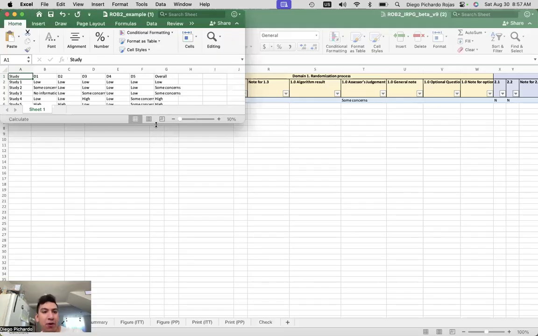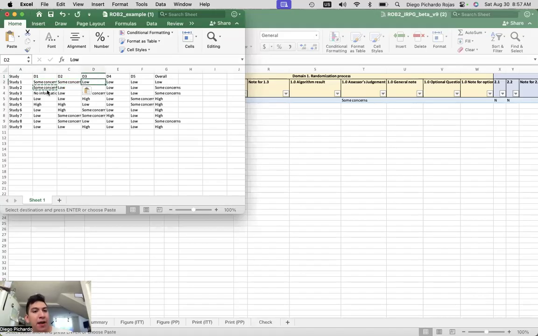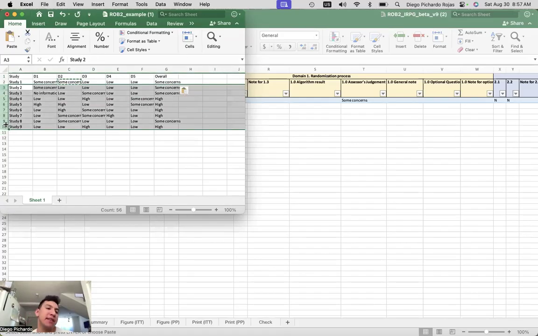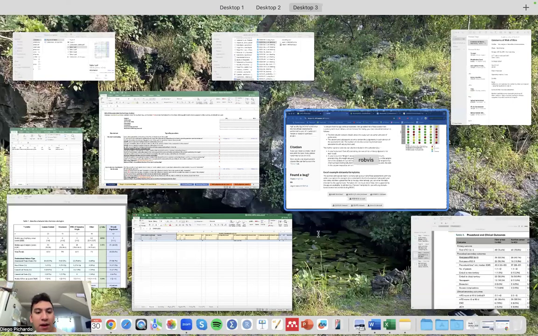So for this one, we would put some concerns over here, some concerns over here, and then it was low for all the rest. All right. And we only have one study as an example, all right? And the study was Dylan, 2025. All right. And we're just gonna save this example.